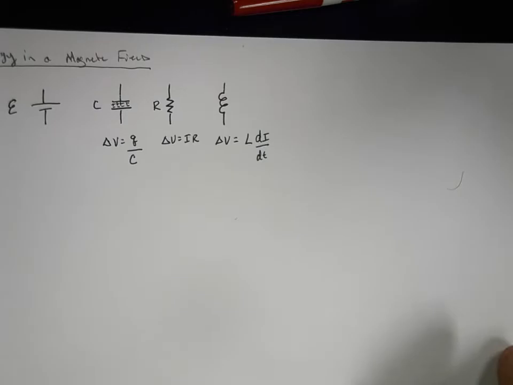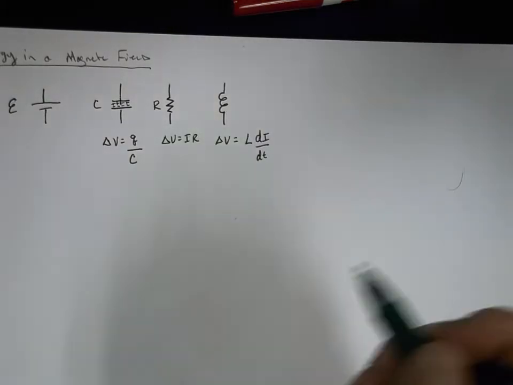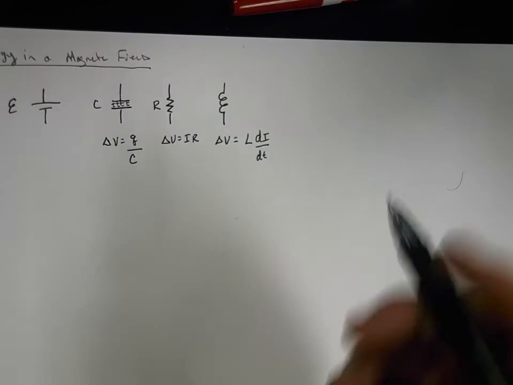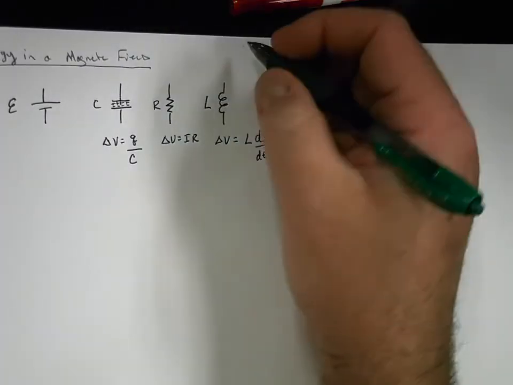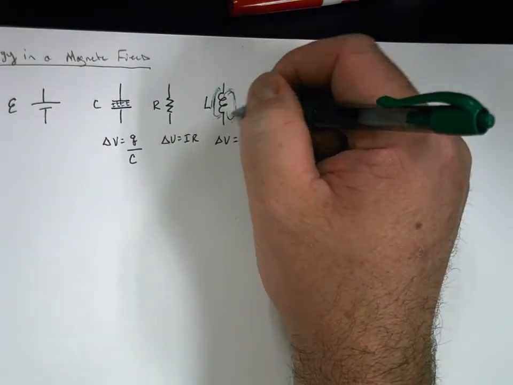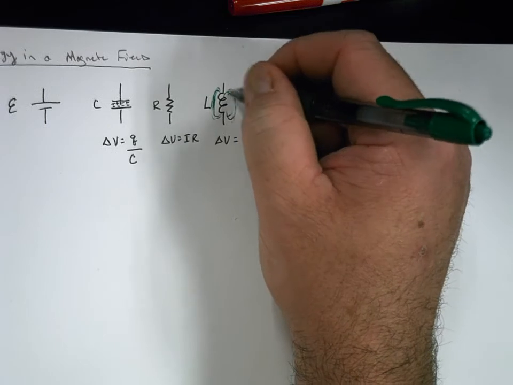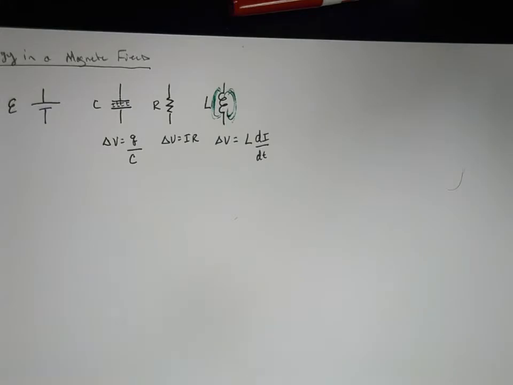Now, this inductor will have its own magnetic field. Sorry, I need to put the L. We call it an L. And it has its own magnetic field coming in through like this. Essentially, it creates a magnetic dipole through the inductor, with all of our magnetic fields being loops.